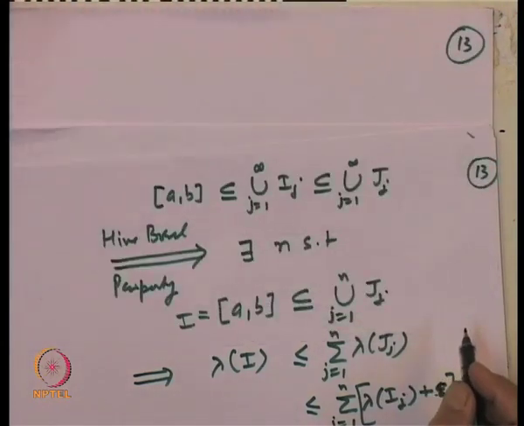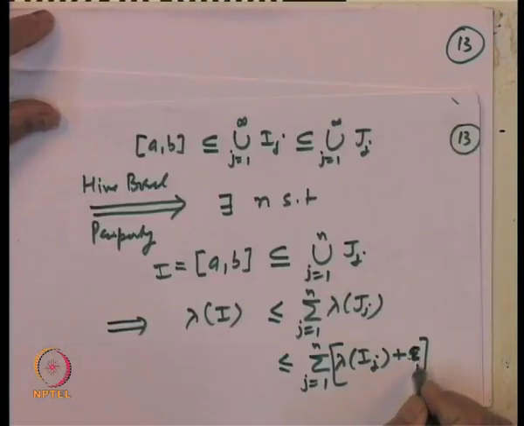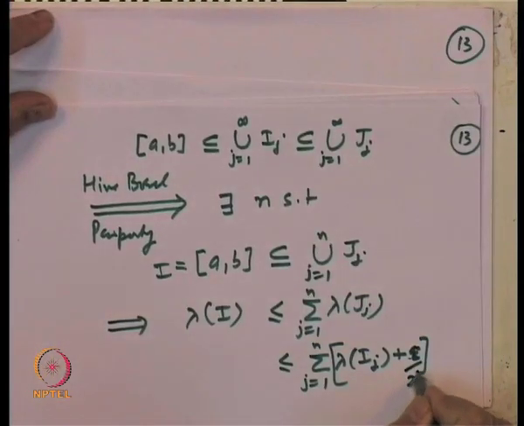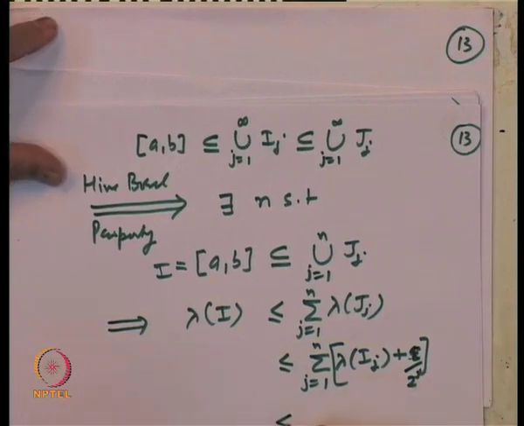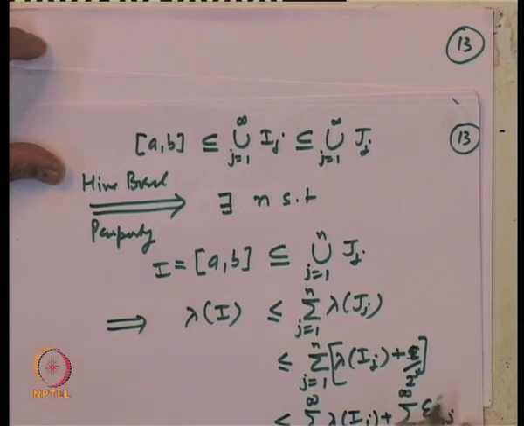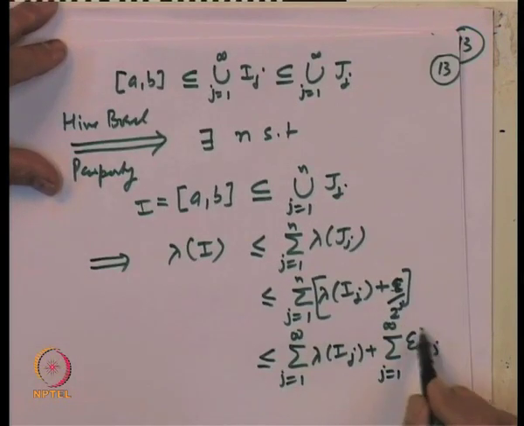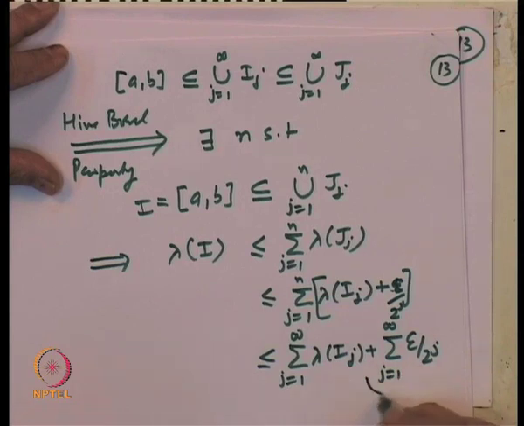Once we do that, we are in a better shape, because now the estimate is less than or equal to the sum, j equal to 1 to infinity, of the length of I_j plus the sum of epsilon by 2 to the power j, j equal to 1 to infinity. This series is convergent, because it is a geometric series with common ratio 1 by 2, which is less than 1. So this term is equal to epsilon.